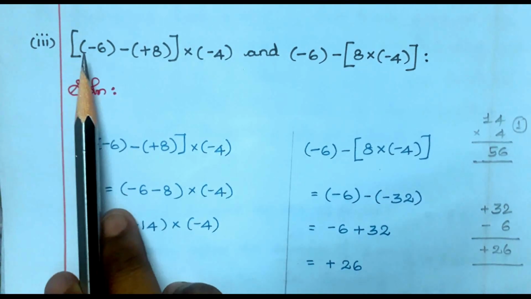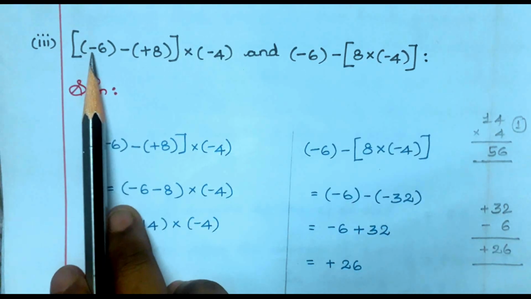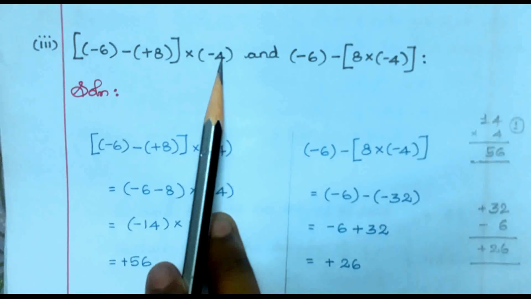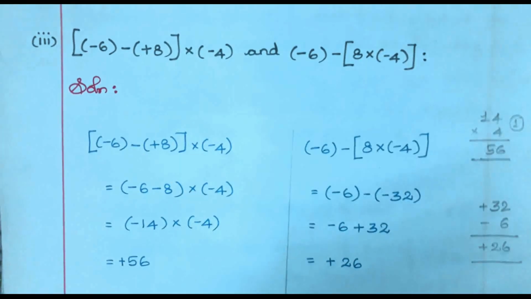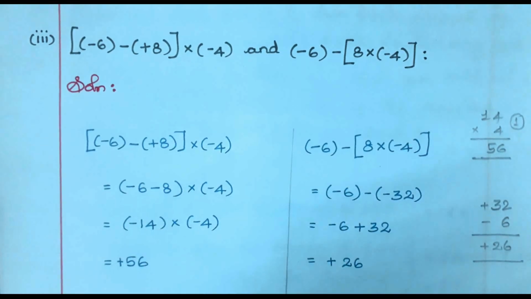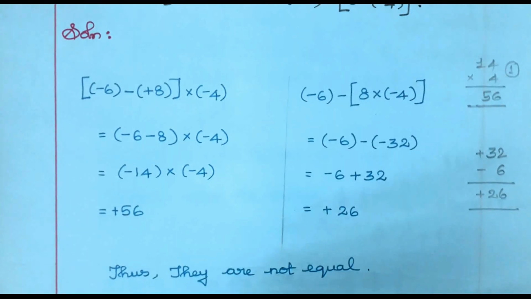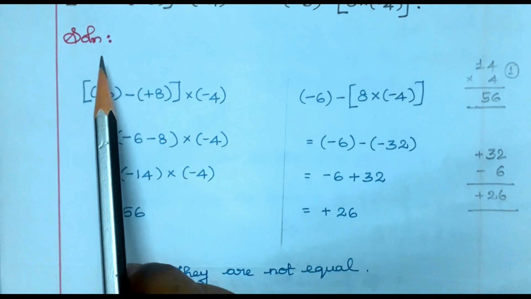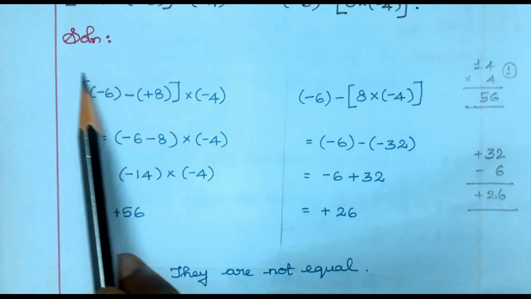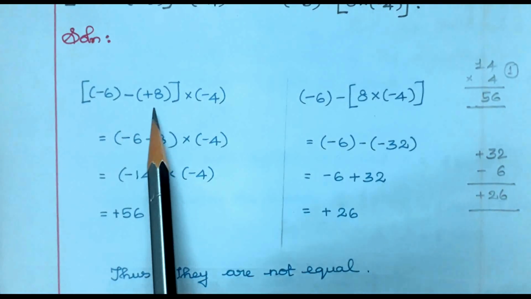Square bracket, parenthesis minus 6 minus plus 8, close the bracket, into minus 4, and minus 6 minus square bracket 8 into minus 4. Now, both the expressions we are going to solve simultaneously. Solution: minus 6 minus plus 8. First do the operation inside the bracket.